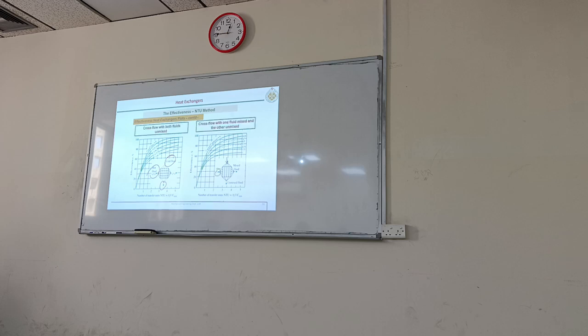Cross flow. But in this particular figure, you see dotted lines also. What is the meaning of the dotted line? Here it is specifically mentioned: these dotted or dashed lines are for the case when C minimum is unmixed and C maximum is mixed. If it is the other way around, then it is the solid line. There is a little difference here as NTU increases.